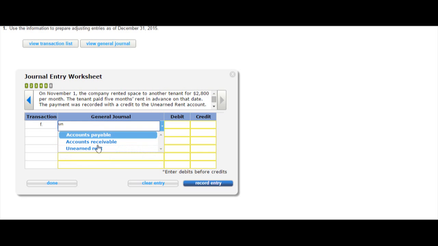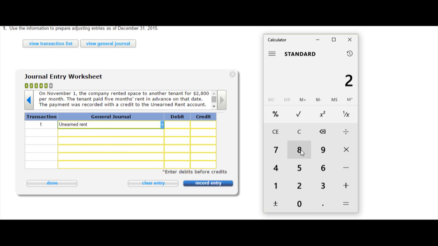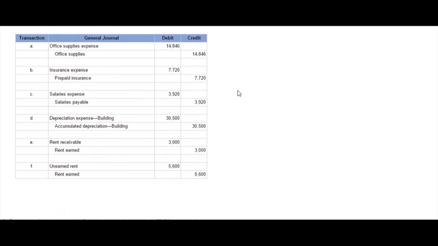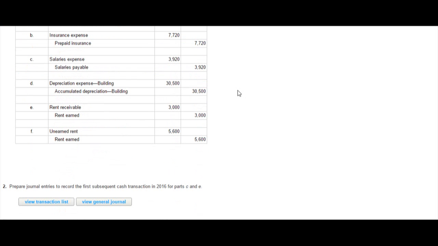So debit unearned rent for 2 months worth, November and December. 2,800 times 2, 5,600. And now it's been earned, so you can credit rent earned 5,600. Record it, and done. And those are your journal entries.